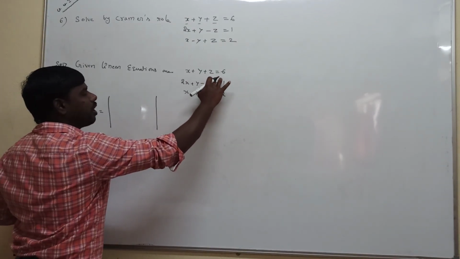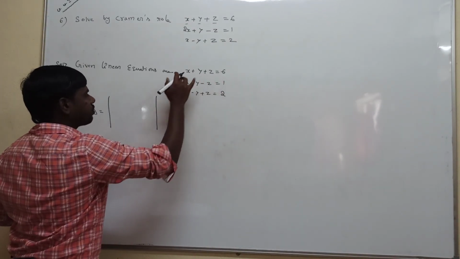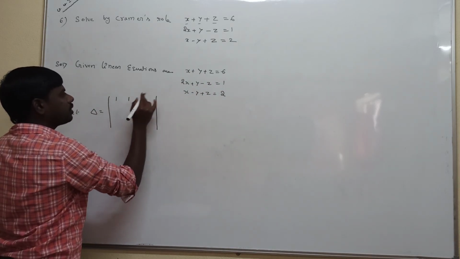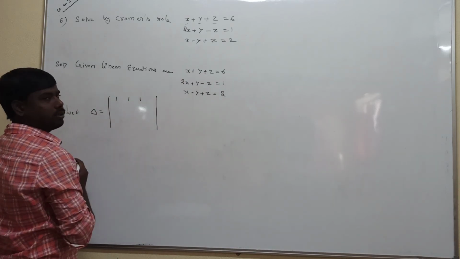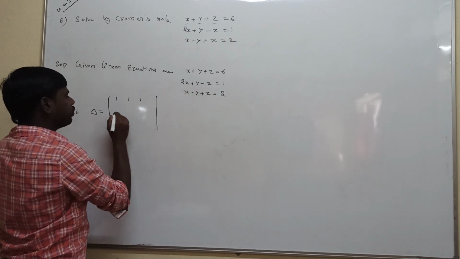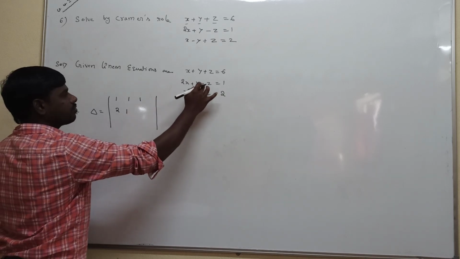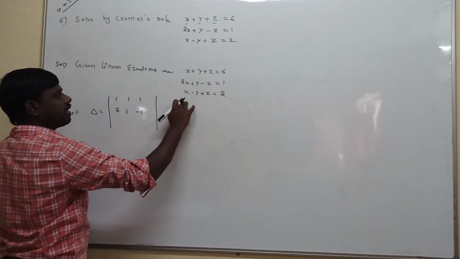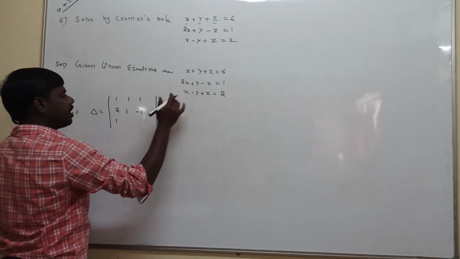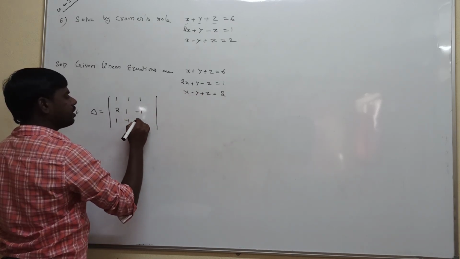What is the first equation? The x, y, z coefficients: the x coefficient is 1, the y coefficient is also 1, the z coefficient is also 1. Second equation: the x coefficient is 2, the y coefficient is 1, and the z coefficient is minus 1. Third equation: the x coefficient is 1, the y coefficient is minus 1, and the z coefficient is 1.